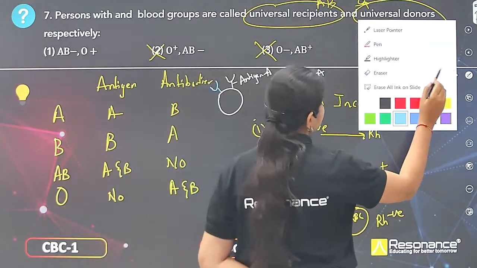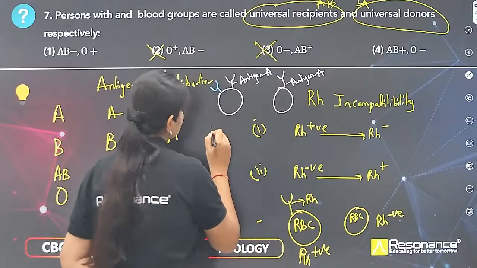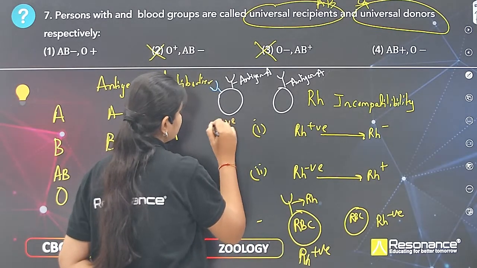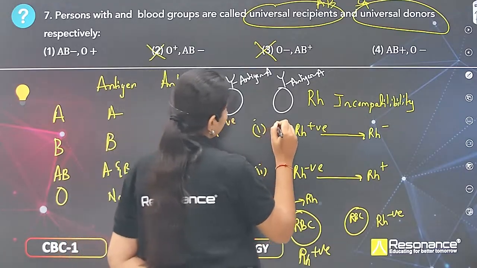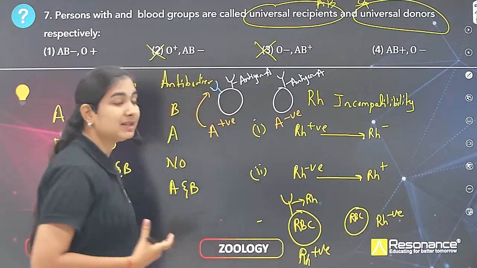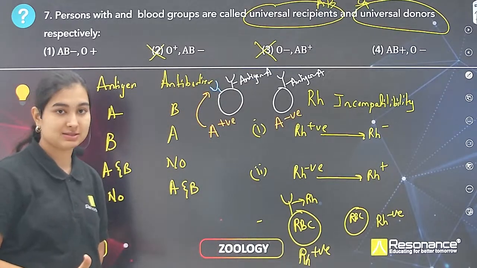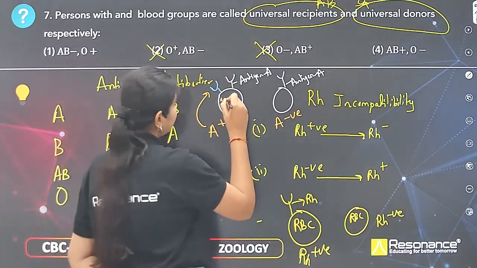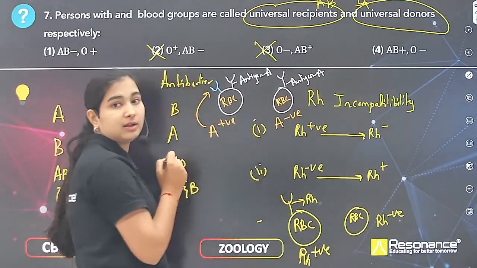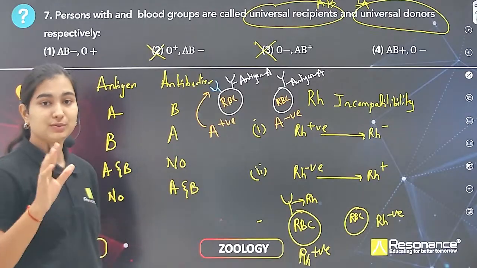Now what is this, students? Here the blood group is A and it is positive because the RH is present. Now this is A negative. Why A negative? Because the RH antigen is absent. Now this is present over your RBCs, right? It is present here over your RBC.